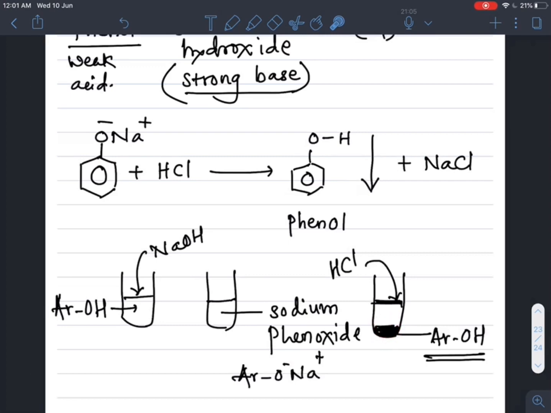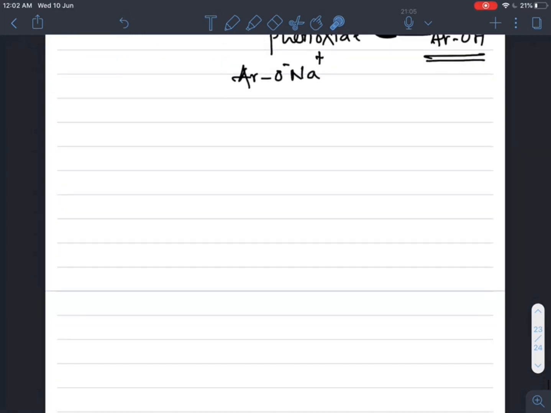But when the same reaction takes place with the alcohol, then what happens? If this reaction takes place with the alcohol, so alcohol means ROH. If it is tested with litmus, it is neither acidic nor basic, meaning its aqueous solution is not acidic.